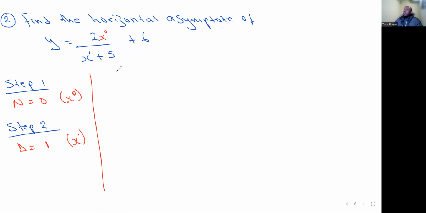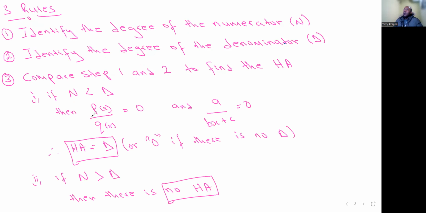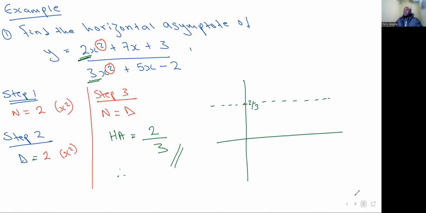So you can see, step 3, the n is less than the d. Are you seeing it? So when n is less than the d, how do you find HA? When n is less than the d, the horizontal asymptote will be equal to the constant term, because all the fraction will be 0.